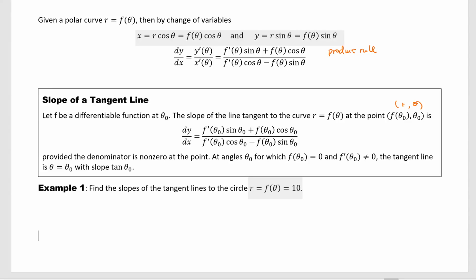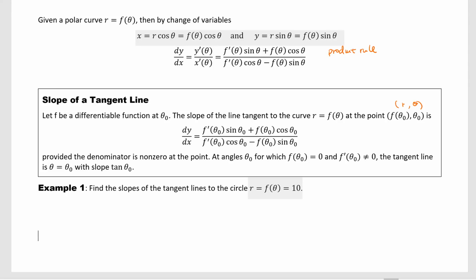And for an angle theta 0 for which f of theta 0 equals 0 and f prime of theta 0 does not equal 0, the tangent line is theta equals theta 0 with slope tangent theta 0.